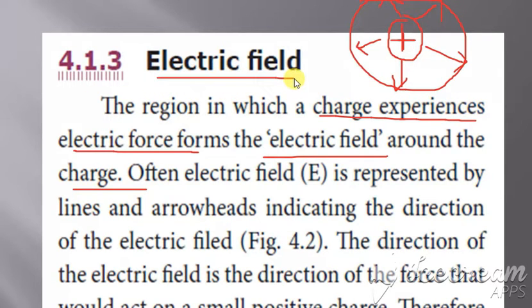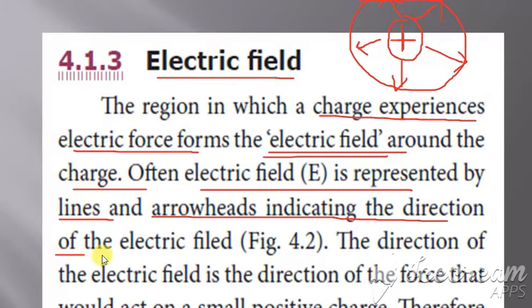So the region in which the charge experiences the electric force is called the electric field around the charge. Often the electric field is represented by lines and arrowheads indicating the direction of the electric field. Often this direction will be indicated by an arrow mark, which is called an arrowhead.